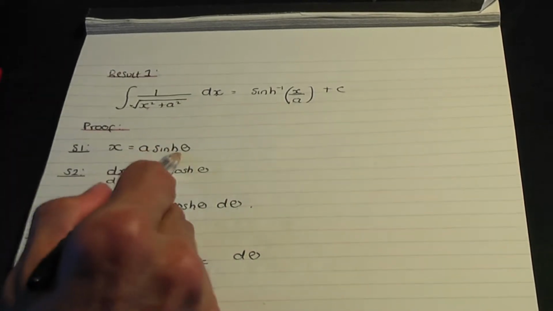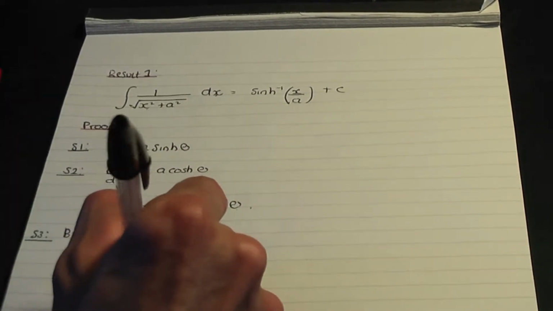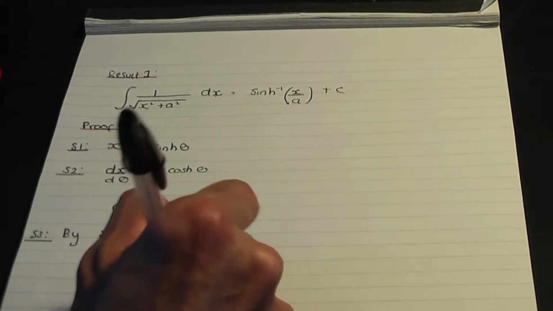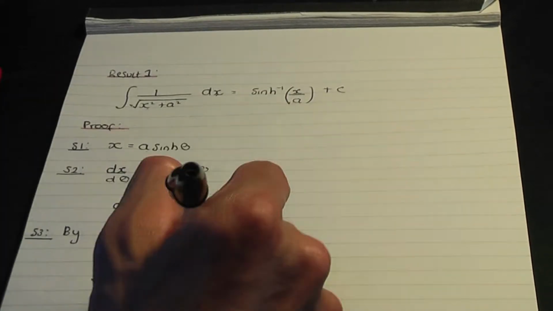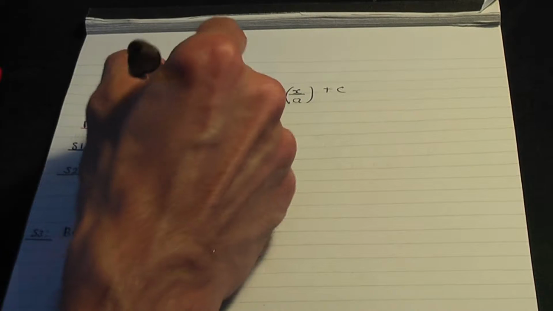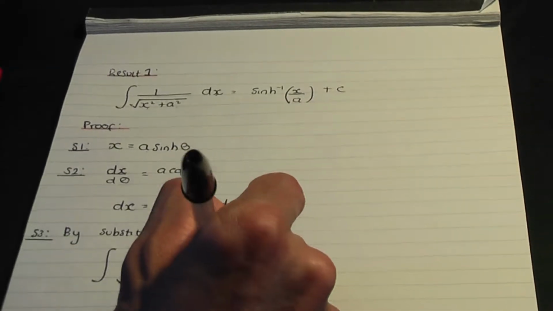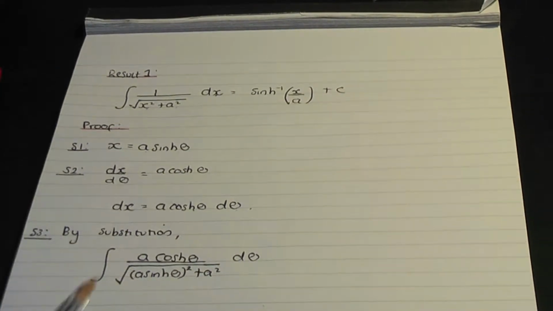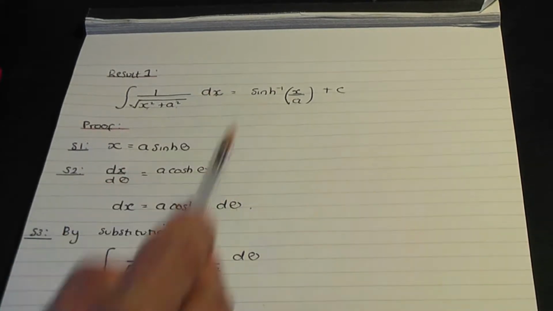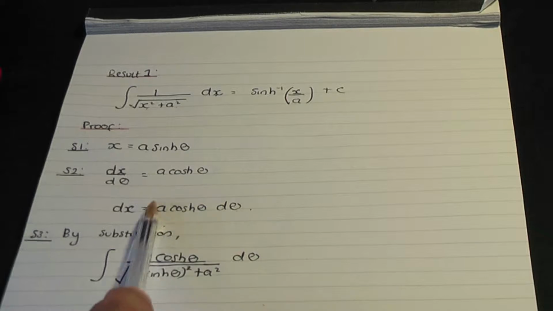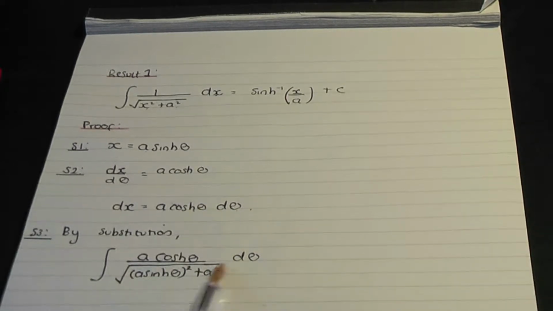x is replaced by a hyperbolic sine, so we'll have a hyperbolic sine theta, don't forget to square, plus a squared. Okay, so our x is replaced by a hyperbolic sine theta, dx replaced by all of this, a hyperbolic cos theta d theta.